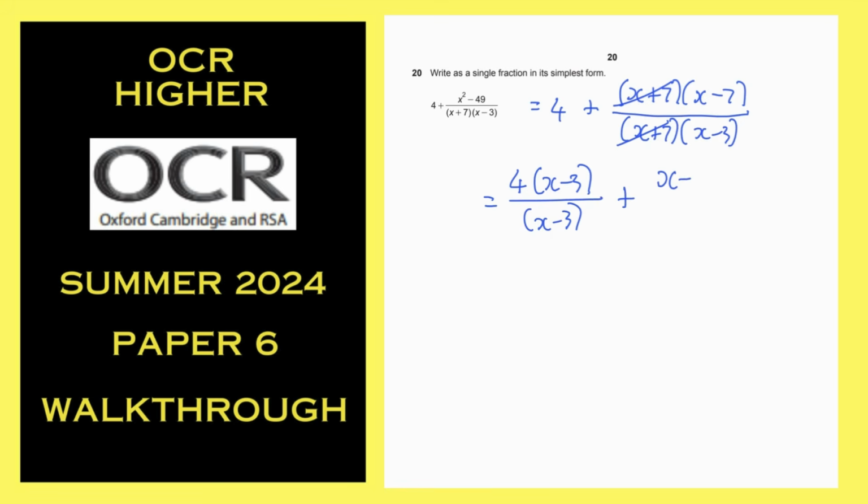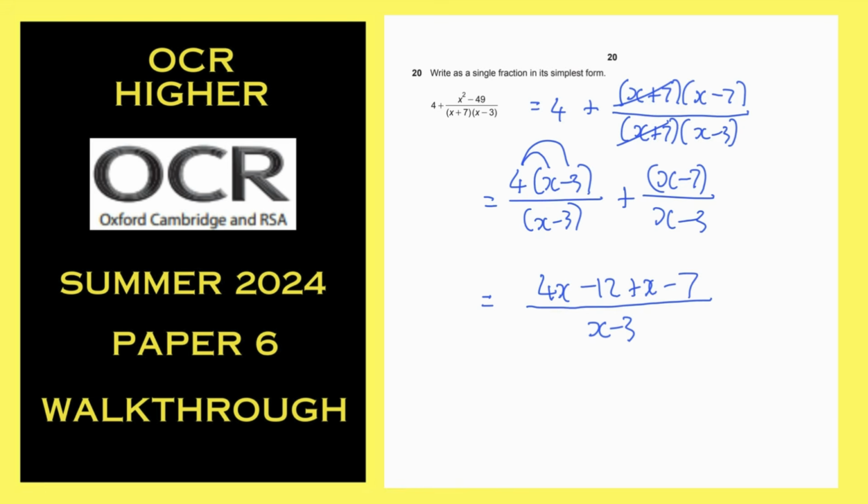Added to x minus 7 all over x minus 3. And now we can write them all over the same denominator of x minus 3. And at the same time, let's now expand. Plus x plus negative 7.